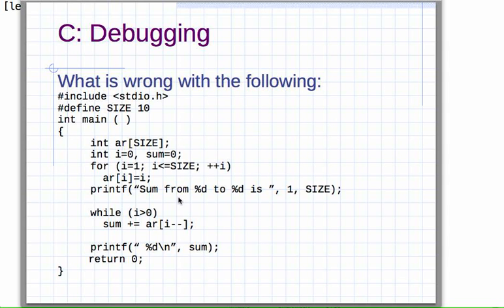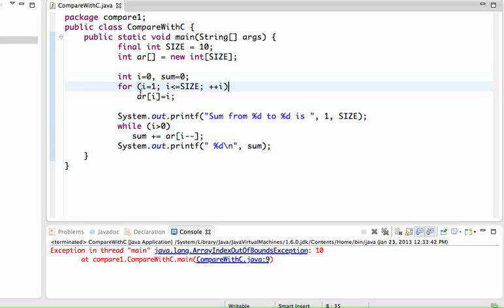For example, what we did in the last video was we took this program and put it into Java, made a few changes, so we got something like this. So for example, we don't have pound define, so we used a final int size equals 10. And in Java, memory for arrays is allocated on what's called a heap, which we will use later on in C, but for now we're not using it.